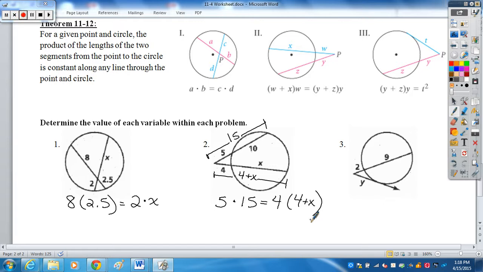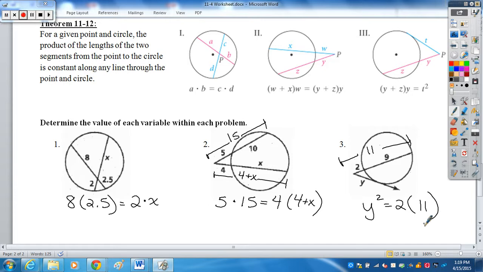Okay? So again, just replicating what we see up in number 2. For number 3, we're going to go ahead and take the tangent line, which would be t, and square it. So t squared is equal to the outer portion, which in this case would be 2, times the whole length, which in this case is going to be 11.